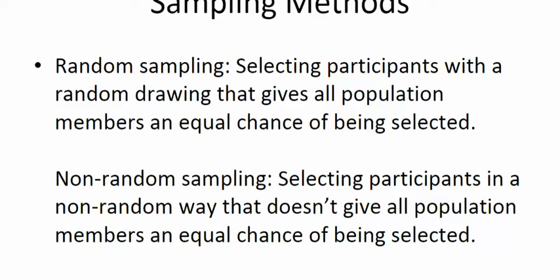But if you just turn your head and dip the spoon in somewhere and it lands where it lands, that's a haphazard or aimless sample of soup, and it's actually not random. So hopefully that helps you get the idea of what I'm talking about.